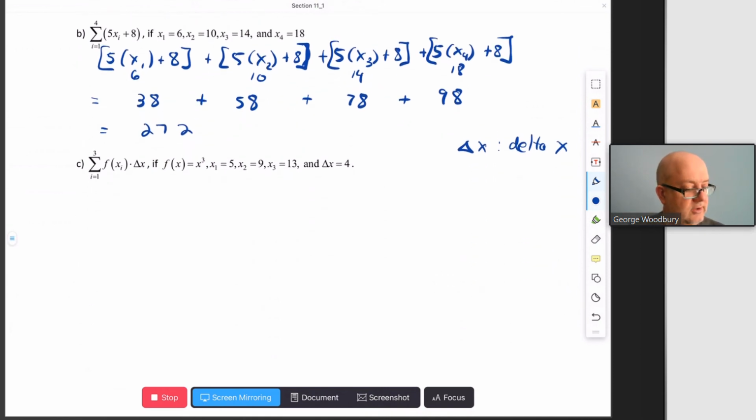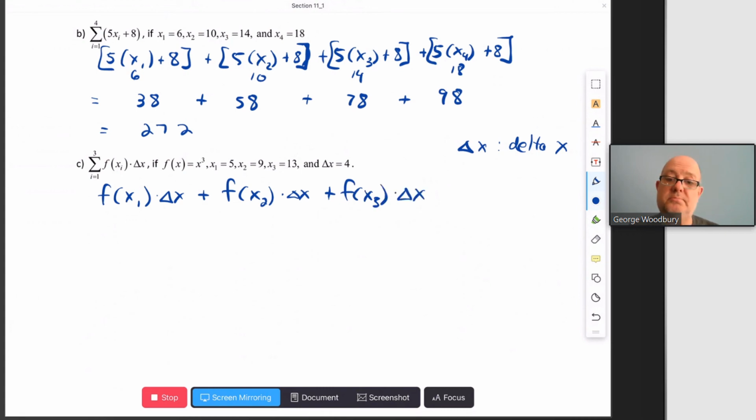So let's get started here. This one only goes from 1 through 3. So this is going to be f of x sub 1 times delta x plus f of x sub 2 times delta x plus f of x sub 3 times delta x. The function is x cubed.